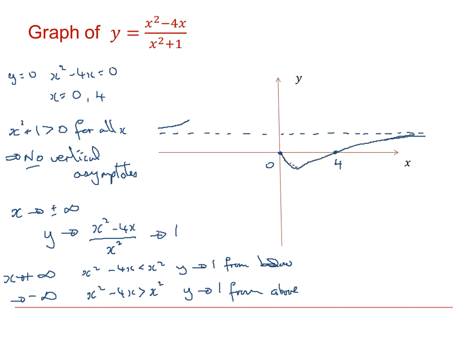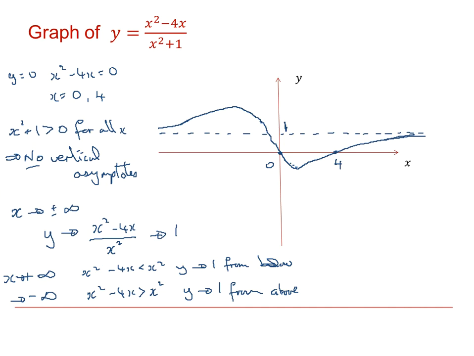And then to the left of the y-axis we must have some maximum point which is greater than 1. So it rises up here and then comes back down again so that it's asymptotic at y is equal to 1.